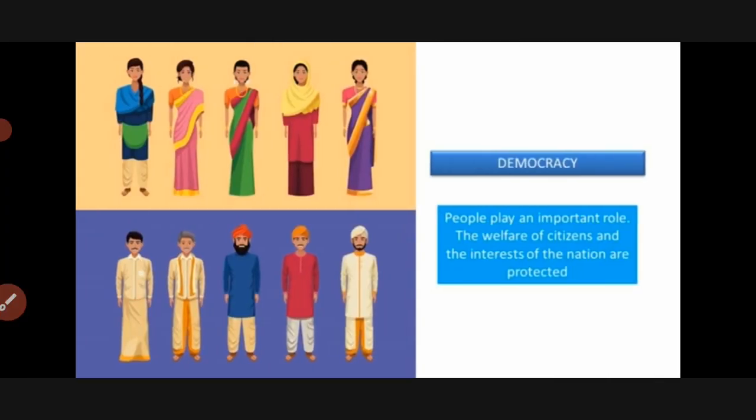The supreme power lies with the people. There is no authority superior to the people of the country. This power to govern is vested not in any particular class of people but in the community as a whole. It also implies that a democratic government should work for the welfare of the people.